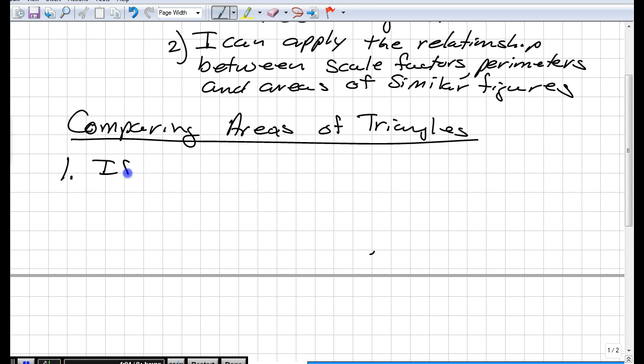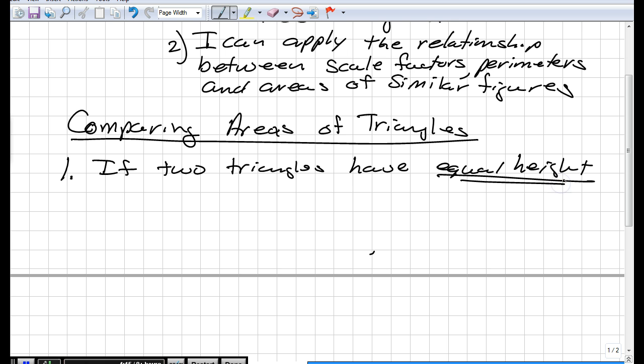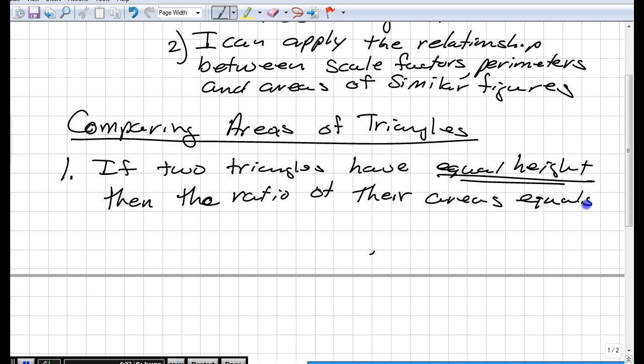It says if two triangles have equal height, that's the key, equal height, then the ratio of their areas equals the ratio of their bases.